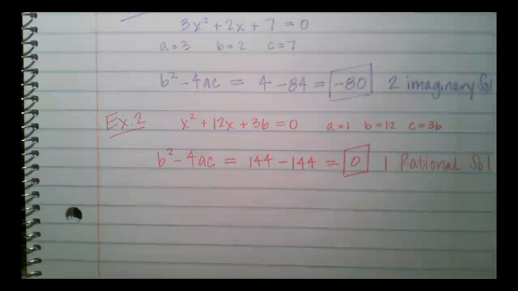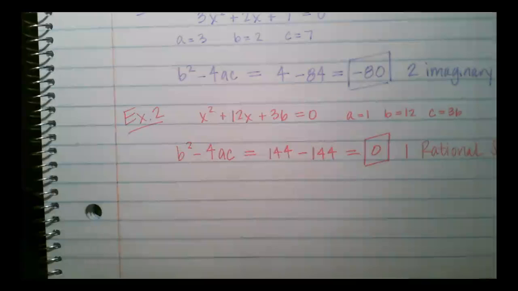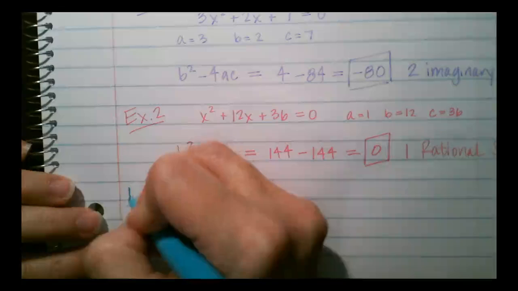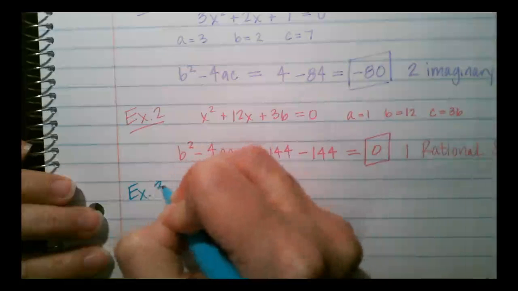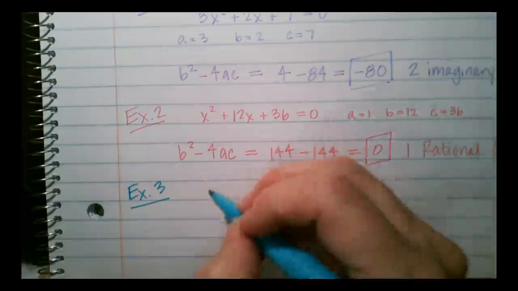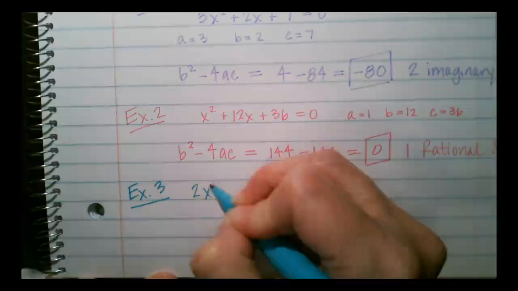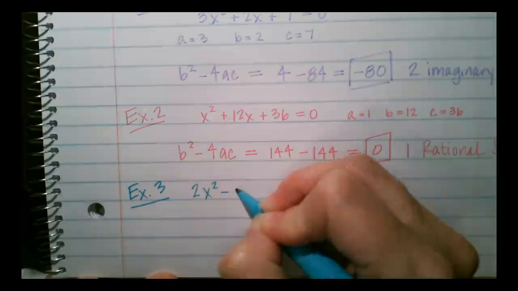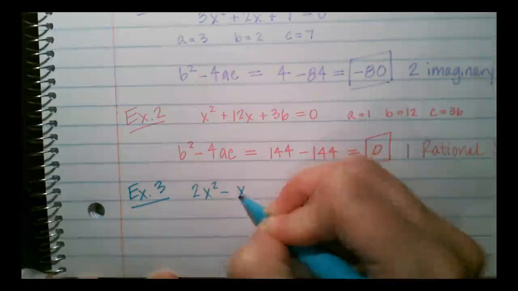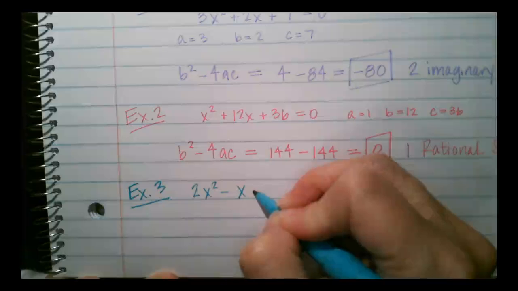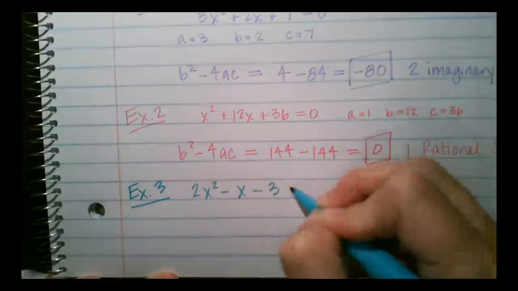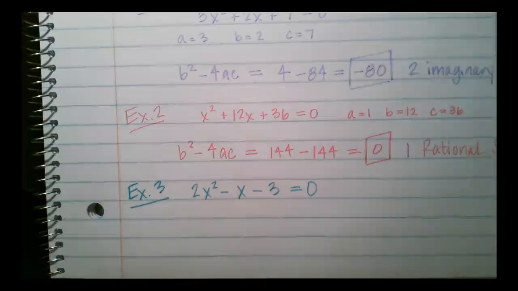All right, let's do one more. So for example 3, how about 2x squared minus x minus 3 equals 0.